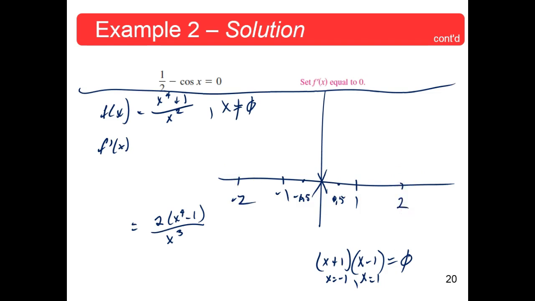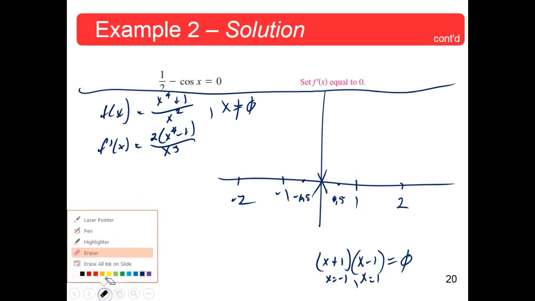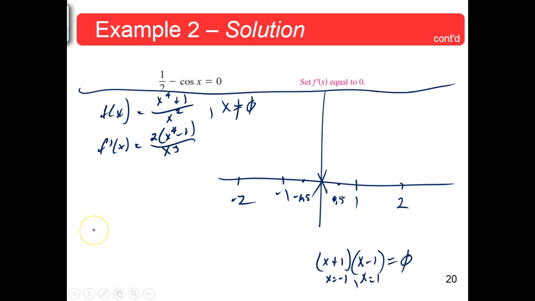At your F prime. What I'm going to do is bring this up here. 2 times x fourth minus 1 over x cubed. That's, I think, the simplest form to use, so I'll erase it down here. Okay. Now, do you have a preference on which one of these we evaluate first? Pick one then. 0.5. Okay. F prime of 0.5.